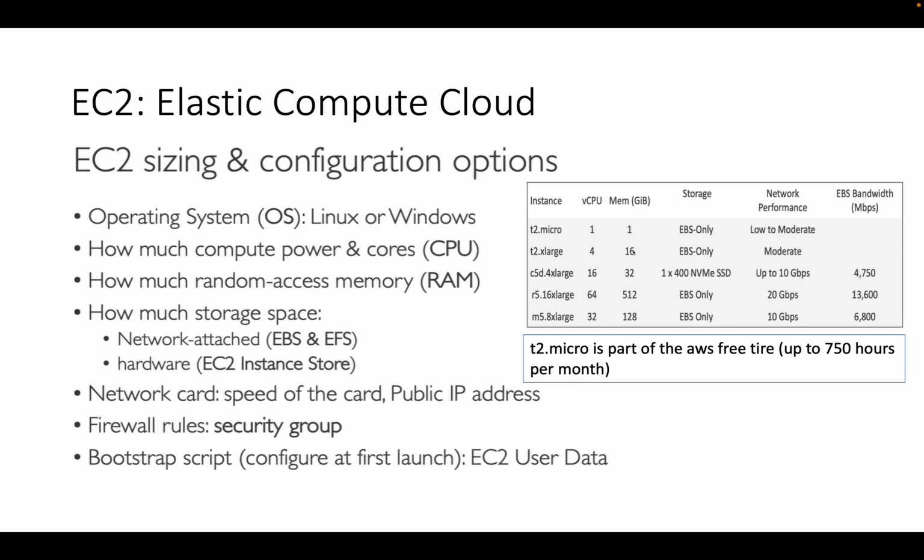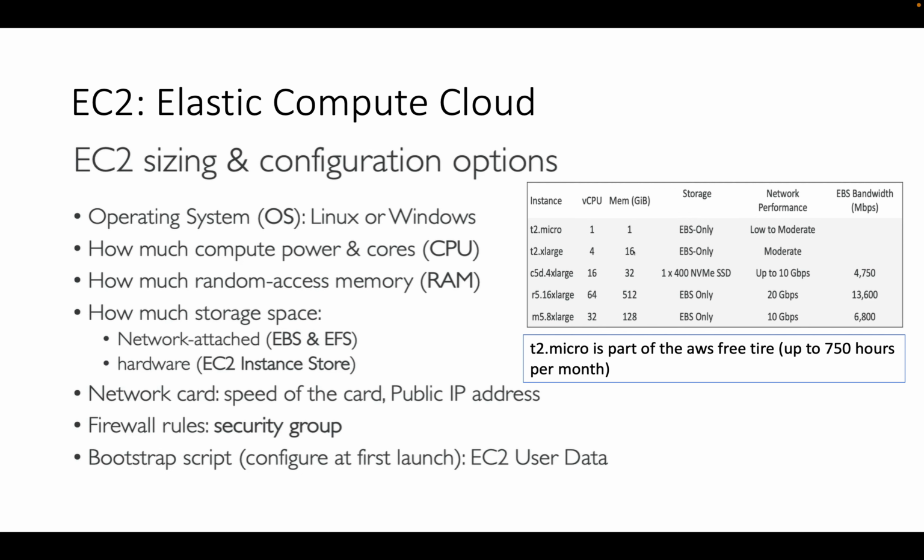Okay, let me give an example of when we set up an AWS cloud server. First things first, we need to know which OS to run for that server. Next, what compute power, CPU or memory, do we want to use? And also the storage space, how much do we want to have?